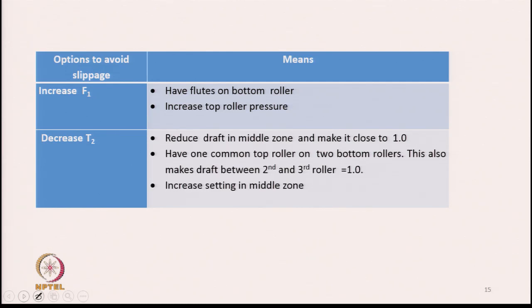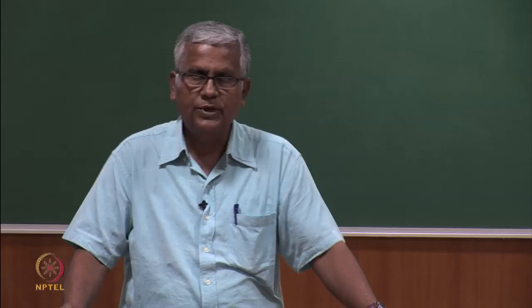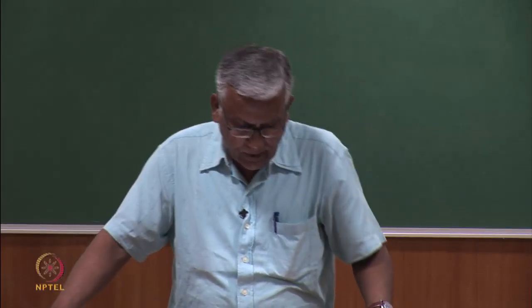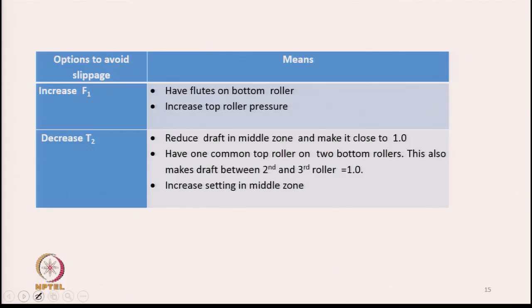We have to increase F1, because P is the difference between F1 and F2. So, how to increase F1 and how to reduce F2? That is what we need, then only P can be increased. We can increase F1 by having flutes on the bottom roller surface.